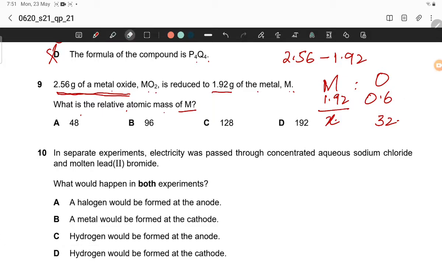Sorry, this is 0.64, divided by 32. 0.64 into 1.92 multiplied by 32 is equal to 61.44 divided by 0.64, so this is equal to 96. So B option is correct.